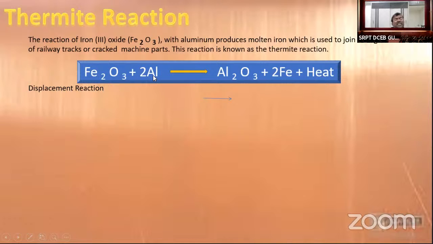So when it is added to a highly reactive aluminum, what happens? This aluminum displaces the iron from iron oxide to give us the iron. In this reaction, a huge amount of heat is evolved. It is such a big amount of heat that the iron in this reaction is in the molten state. It is molten.